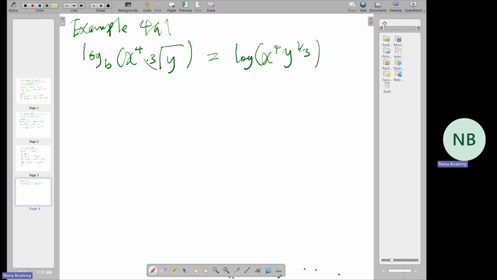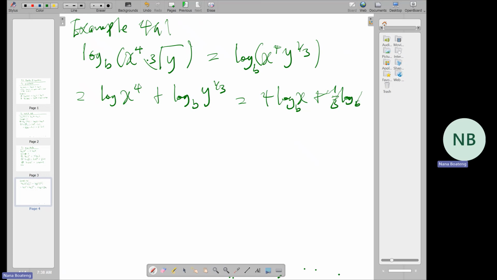And from here we can apply the addition property, which gives us log to the base b of x to the power 4 plus log to the base b of y to the power 1/3. And using the power rule, this becomes 4 log to the base b of x plus 1/3 log to the base b of y.